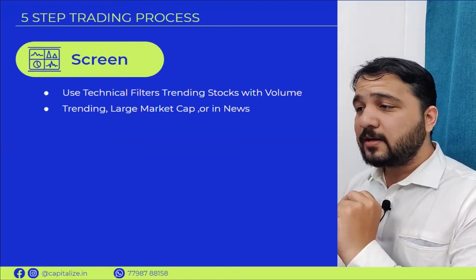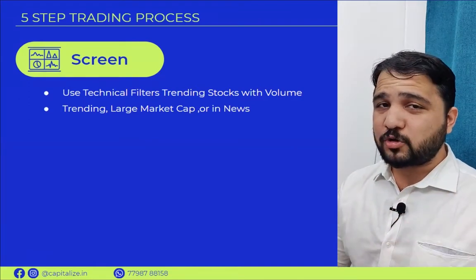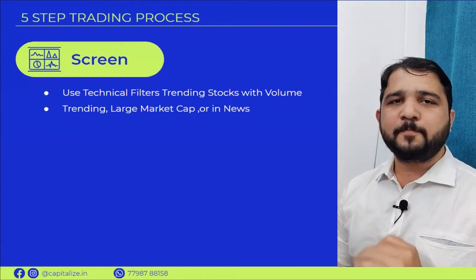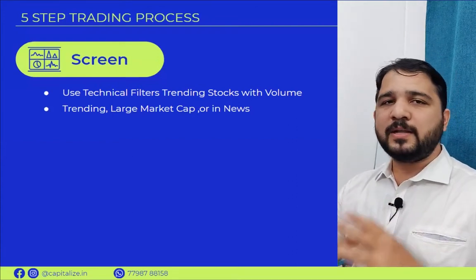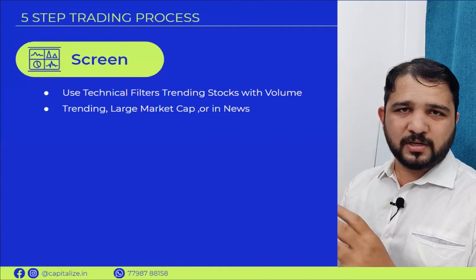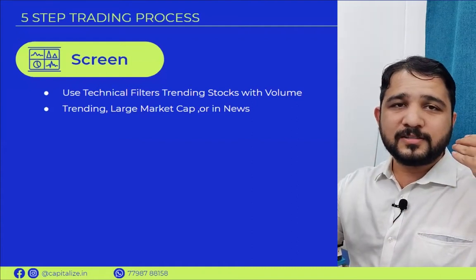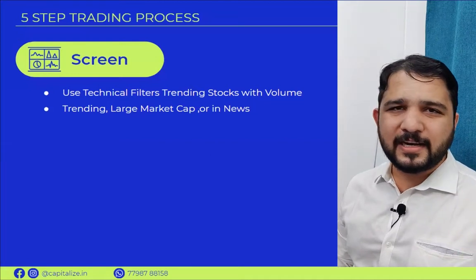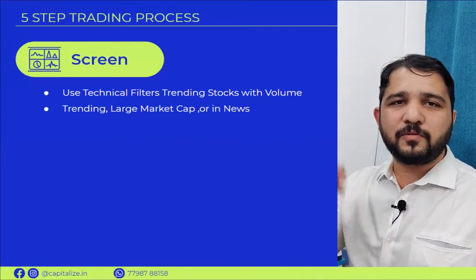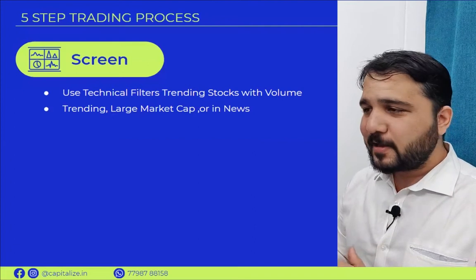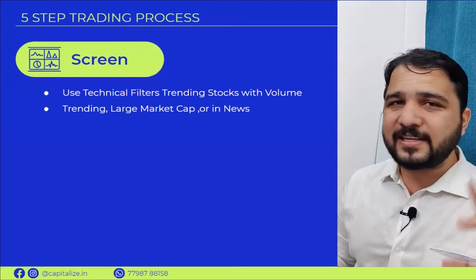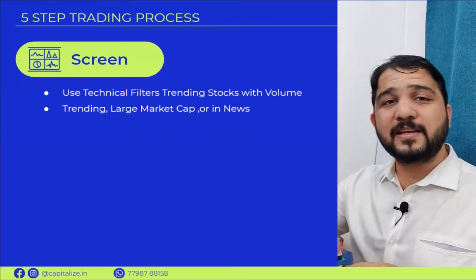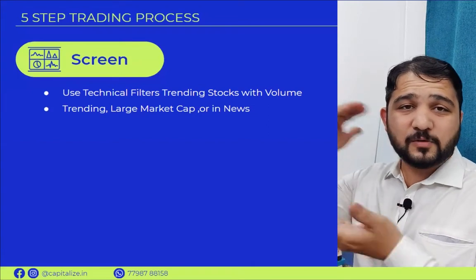Second, you want to look at large market cap stocks, not small stocks, because technical analysis is used to find out the psychology of investors. In smaller stocks where there is very little volume or very little buying and selling happening, technical analysis is not going to work as well as in a large cap, because we want as much data as possible.